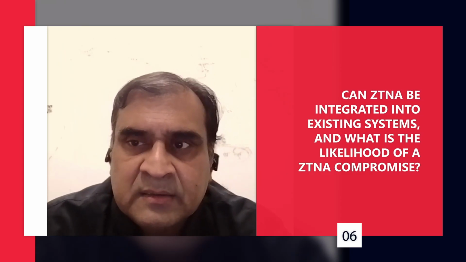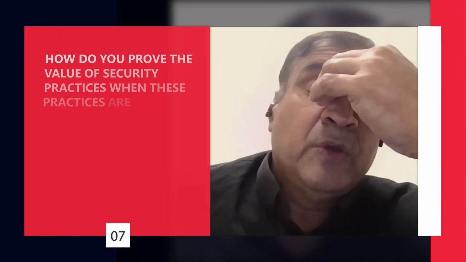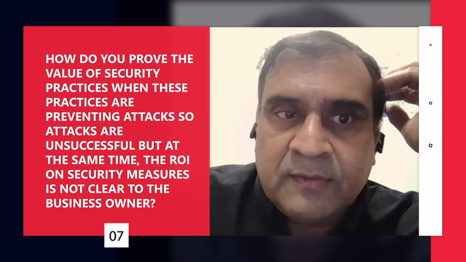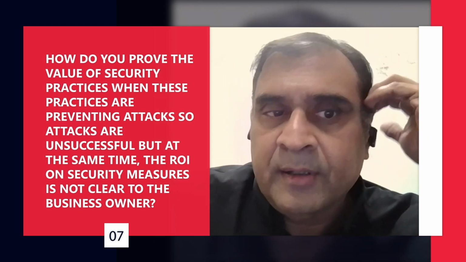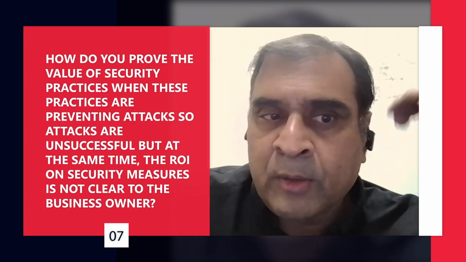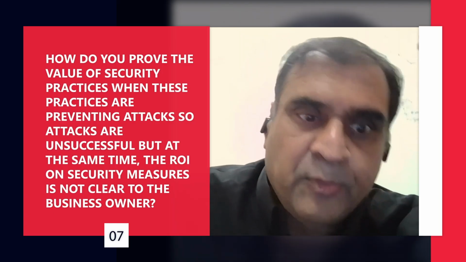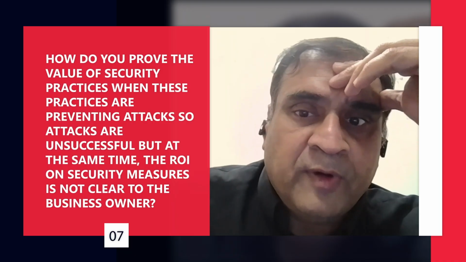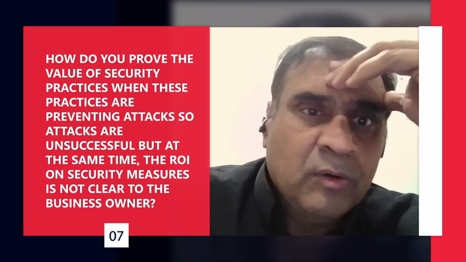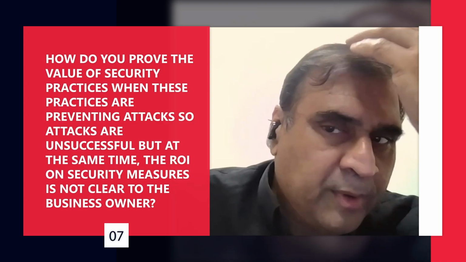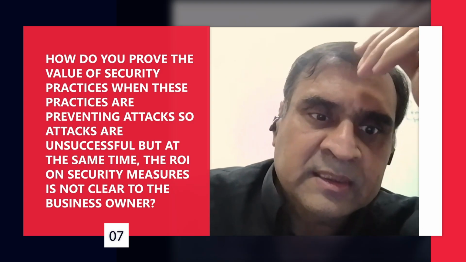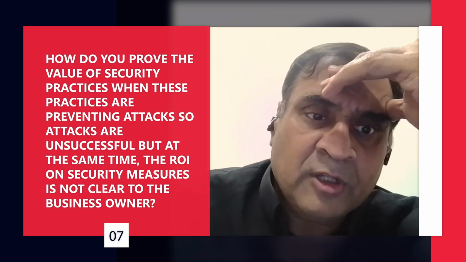Right. It's like you going and saying that I have protected myself from a theft by putting a lock on my home, right? I put certain locks so my home is protected. Now, how are you going to quantify that and say, oh, if somebody had come and robbed me, they would have taken X, Y, Z assets, and that would have cost me something.